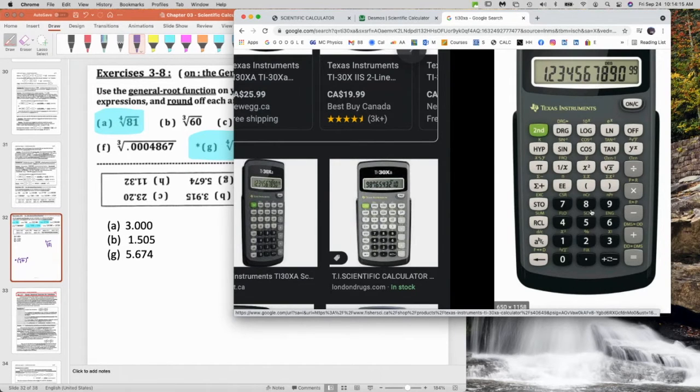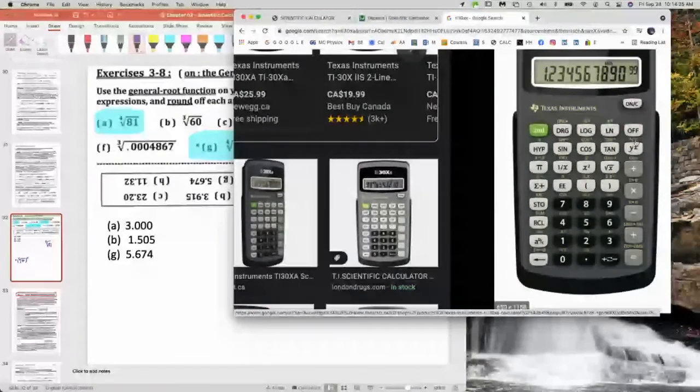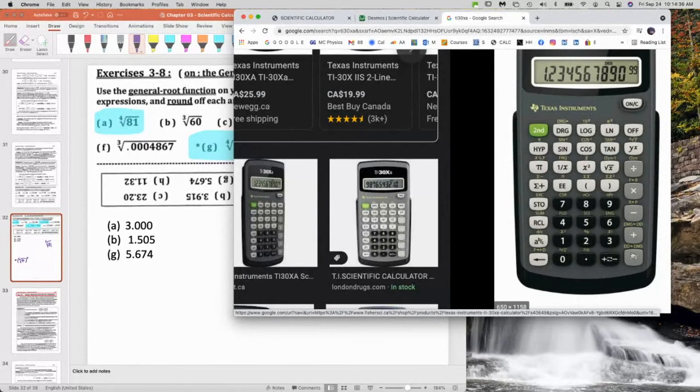Sheldon, sorry, come back to me here. So type in 81, shift, general root, because it's up there in yellow. So far, so good. Don't type anything else. And then type in 4 after that, and then equals. Did that work?